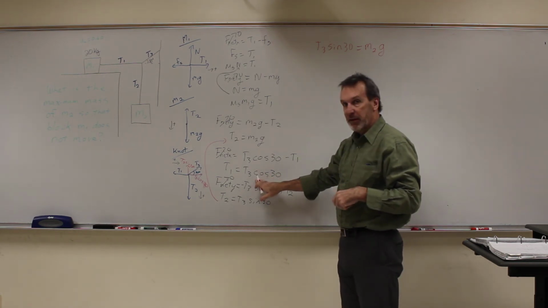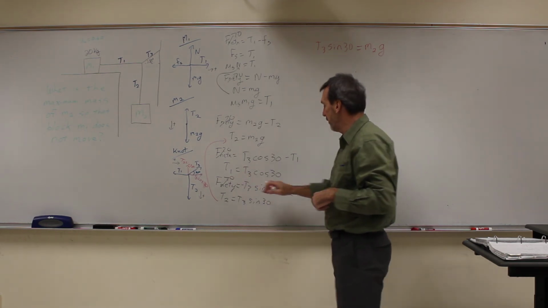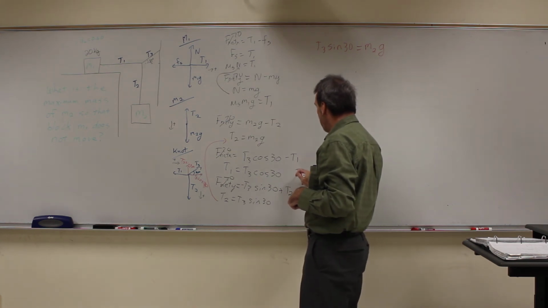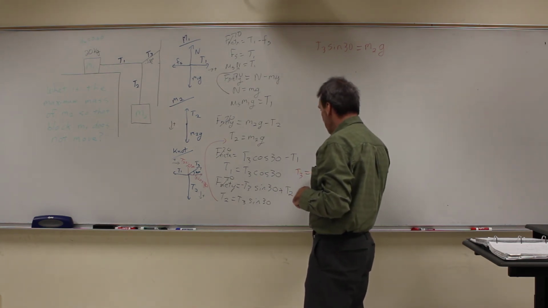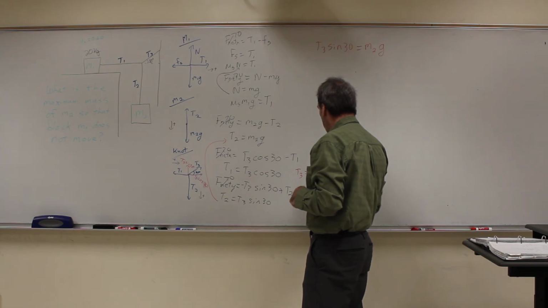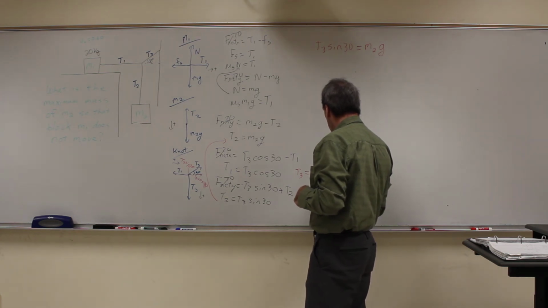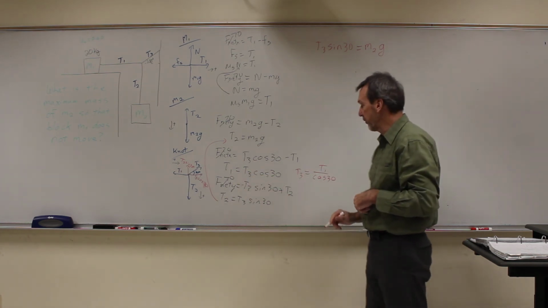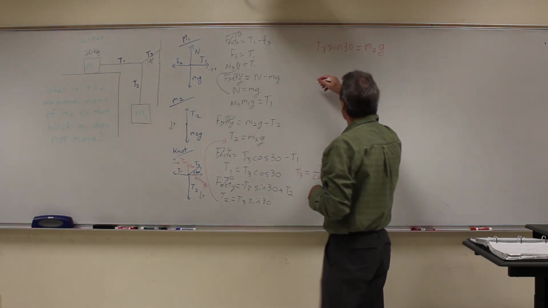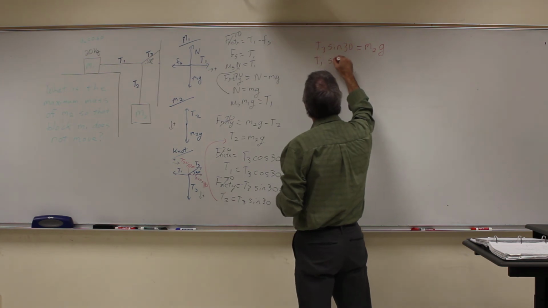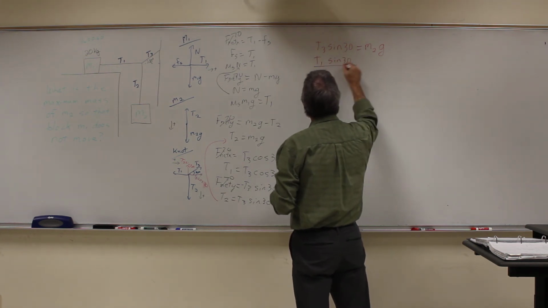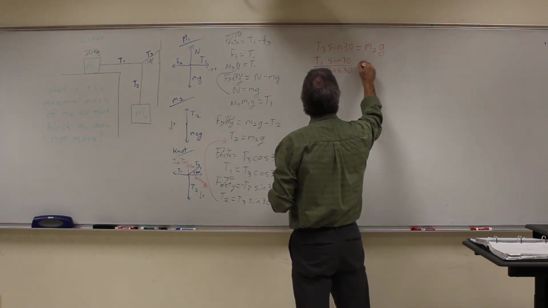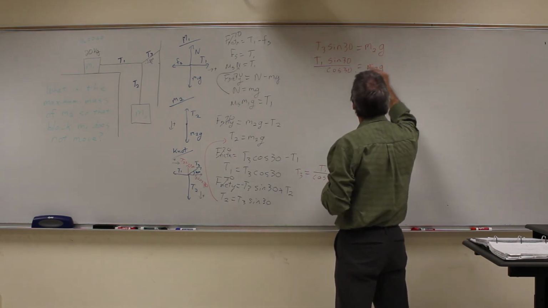I still can't solve for M2 because I don't know what T3 is. But here, I have a T3 equal to a T1, so I can rearrange this and say, oh, T3 is equal to T1 over the cosine of 30. If I just divide both sides by the cosine of 30, I can replace that for T3. So this becomes T1 sine of 30 all over cosine 30 is equal to M2G.